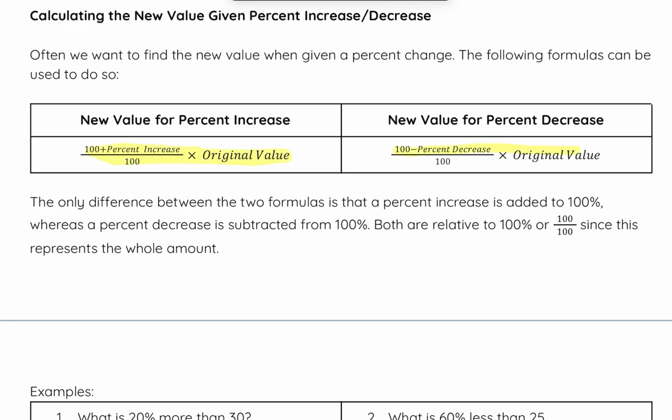The only difference is that a percent increase is added to 100 in the numerator, whereas the percent decrease is subtracted from 100. The reason they're both relative to 100 is because 100% or 100 out of 100 represents the whole amount. So if it's a percent increase, that increase amount is added to 100, and if it's a decrease, that's subtracted from 100, 100 being the whole amount.